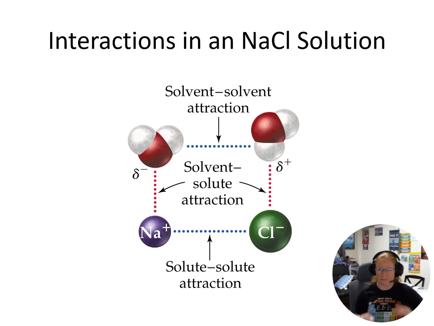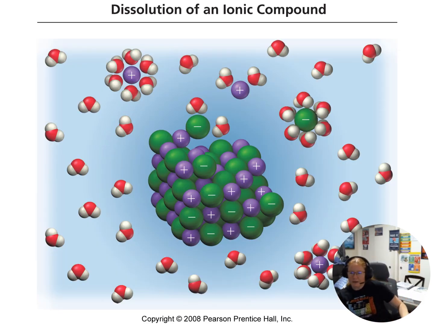Okay, and then we can look at the big picture. Again, we have our solvent-solvent interactions, we have our solute-solute interactions, and then we have a situation where now we can have our solvent-solute interactions occur. Now, as we are dissolving things, it's a very dynamic process. It's not static.